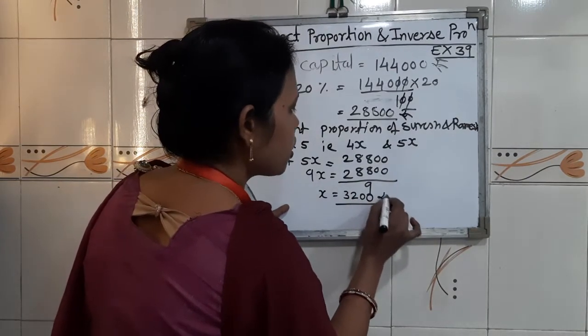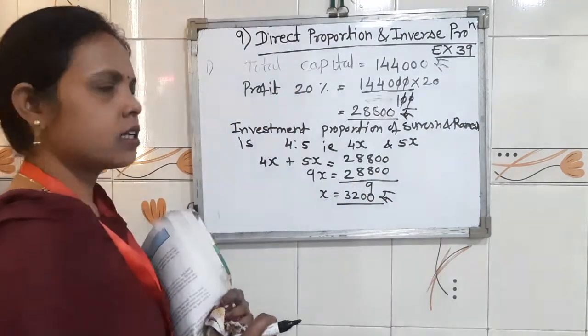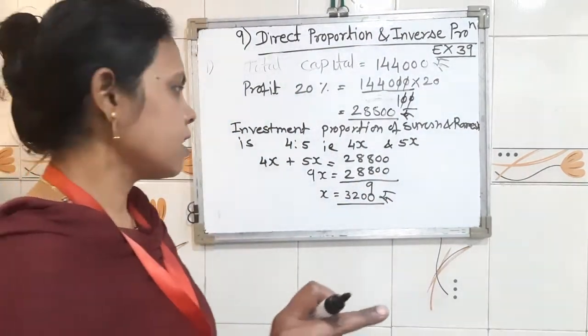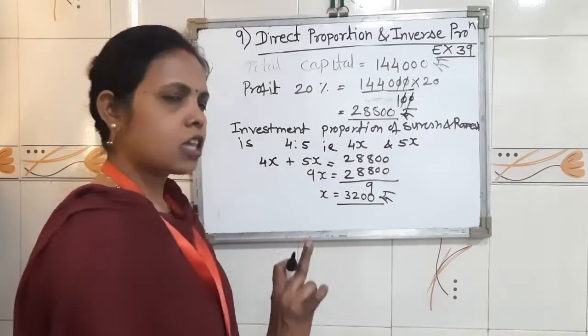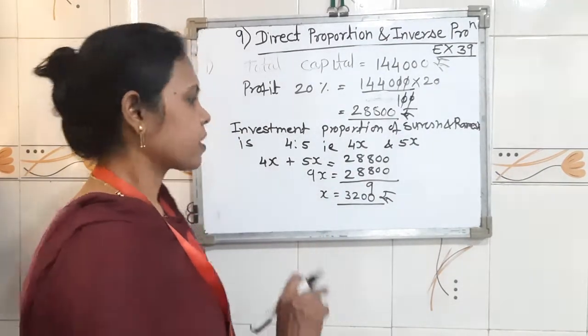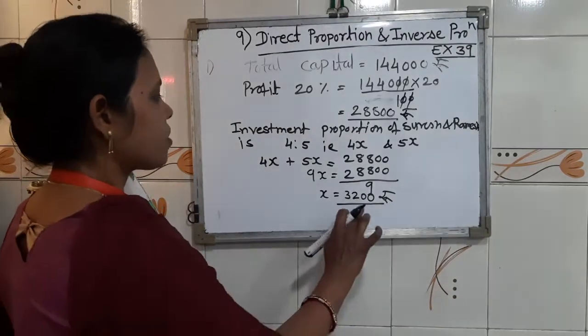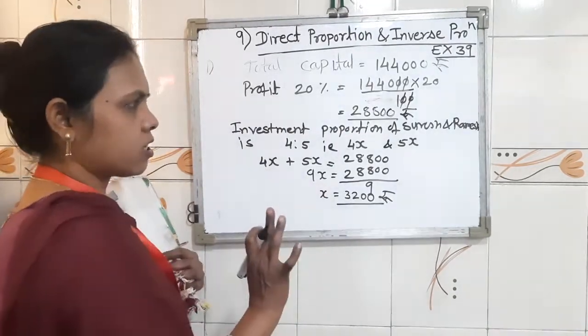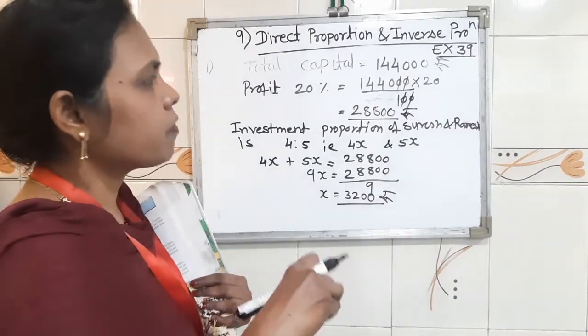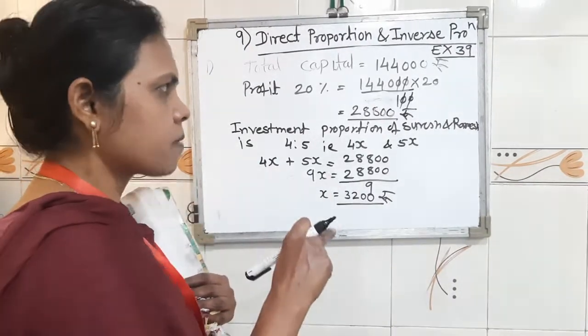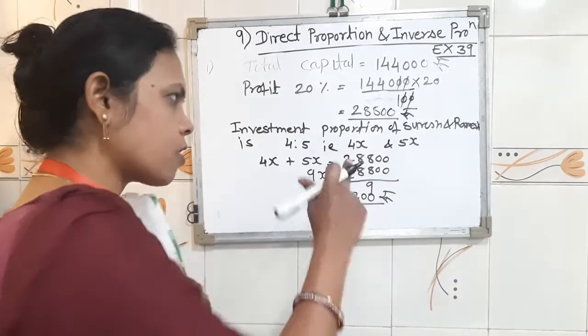So children, if you want, you can divide 28,800 divided by 9 and you can see whether you are getting 3,200 or not. So children, after finding the value of x, we will find the individual profit of Suresh and the individual profit of Ramesh.